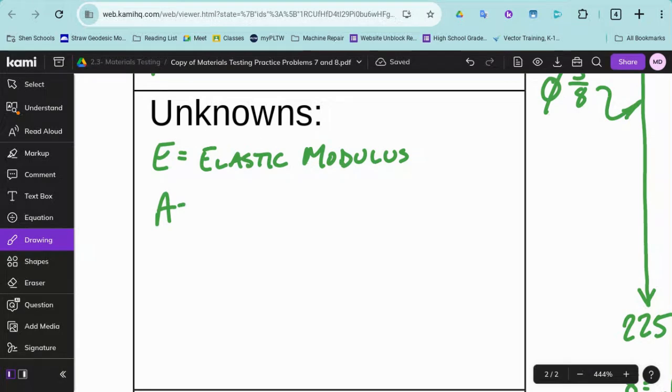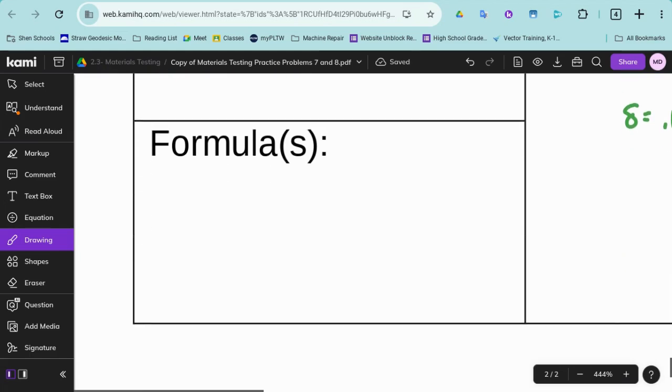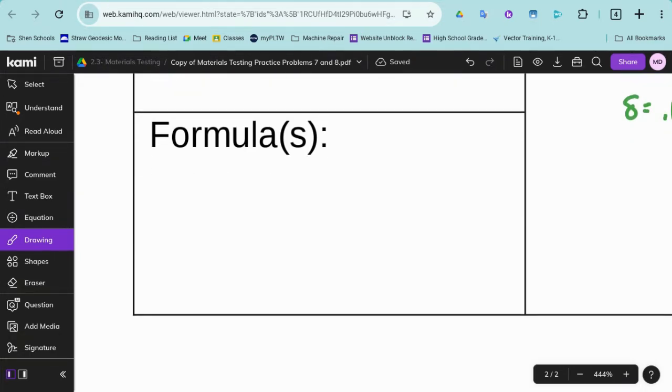Now, what we don't know is our modulus of elasticity. We don't know the cross-sectional areas, and we don't know the strain. To find our way to the modulus of elasticity, we're going to want to understand both the stress and the strain. To understand the stress, we're going to need to work with force and area. So we'll need to get to the cross-sectional area.